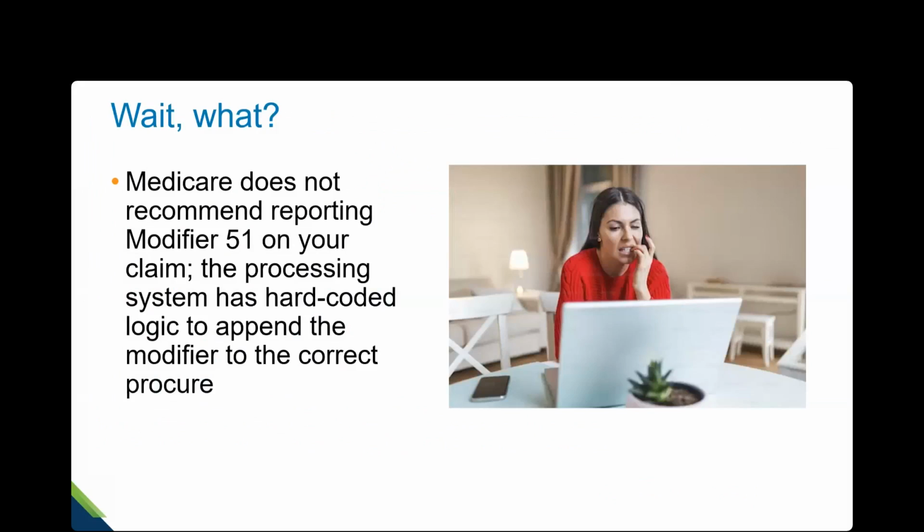While many payers may require the use of Modifier 51 to report multiple procedures, Medicare does not recommend reporting this modifier on any Medicare claim. And let me repeat that. Medicare does not recommend use of this modifier whatsoever. The Medicare Claims Processing System, the MCS, will append the modifier to the correct procedure code that is appropriate.